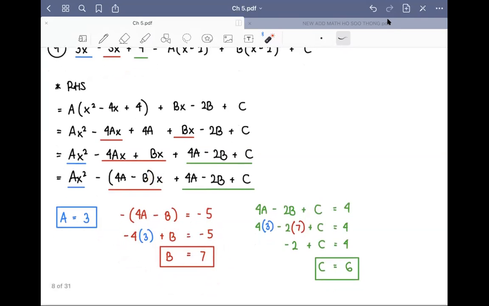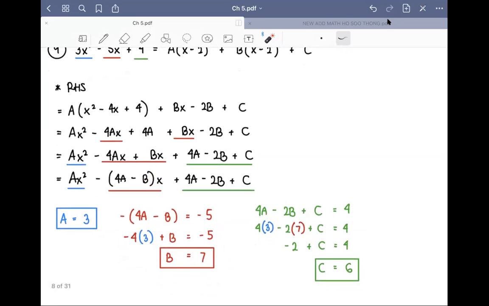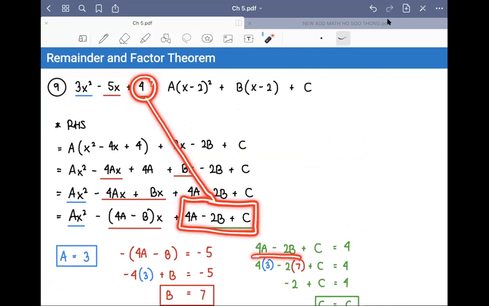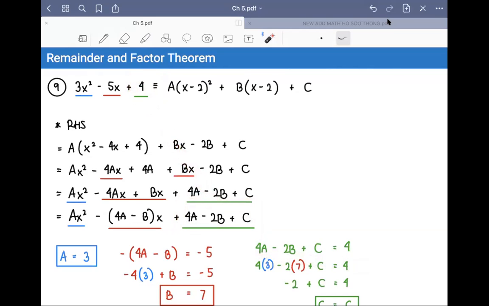And then lastly, for the value of c, this one is equal to your constant term, right? What is your constant term on this one? Your constant term is 4. So that's why this is equal to 4. The whole expression is equal to 4.